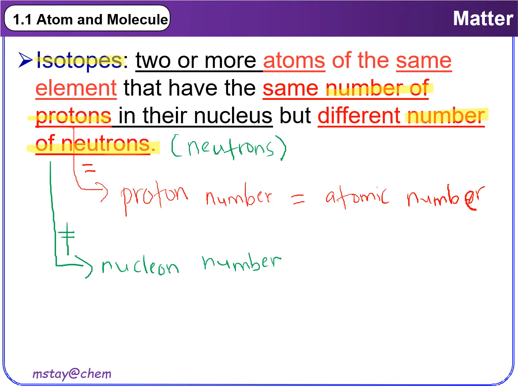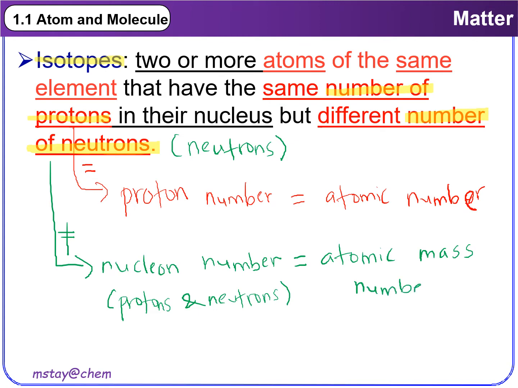But neutron number is the total number of protons and also neutrons. Another term with similar meaning to neutron number is atomic mass number. I'm going to suggest you stop this video now and write down some notes. Okay, thank you.